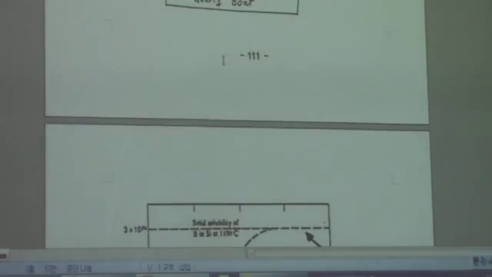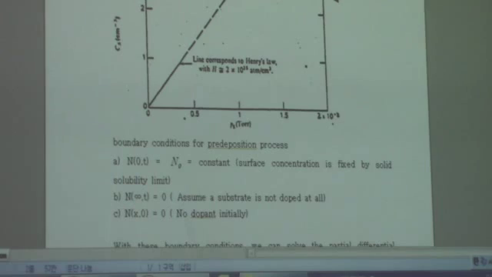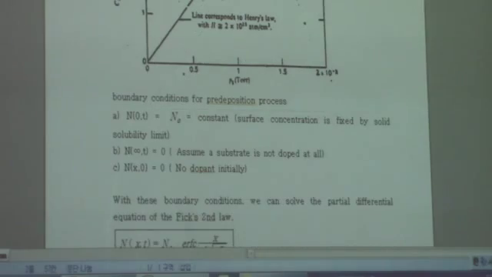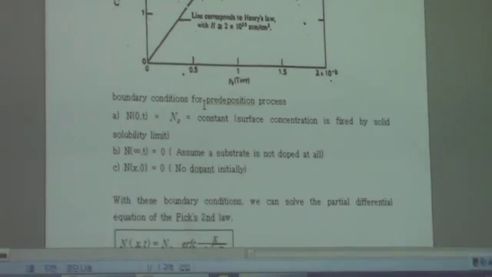That is Henry's law. Then we have a solubility limit, and below the solubility limit, the silicon is going to be doped with the dopant atoms. What we try to do here is solve Fick's second law to get the dopant profile along the depth from the surface.